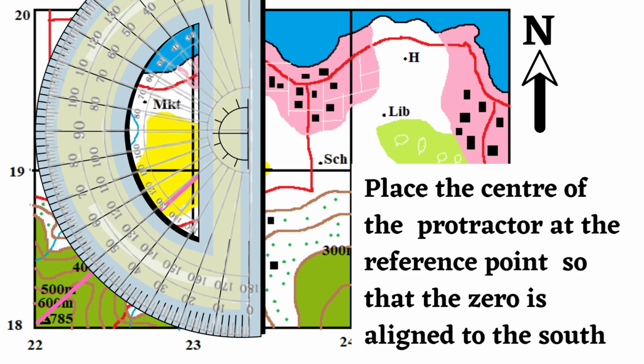All right, so how you line up your protractor is also important. You are going to put the center of the protractor at the reference point. And in this case, because the trig station is located to the west, you are going to turn your protractor in a way that the 0 lines up with the south.